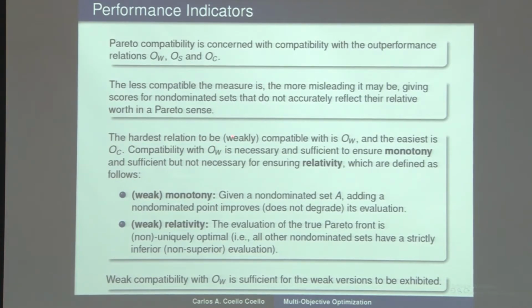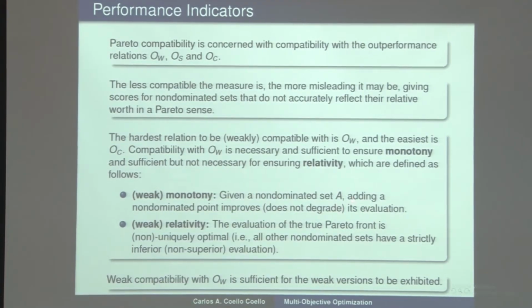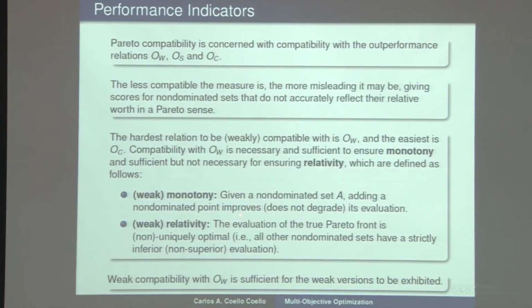So the hardest relation to be weakly compatible is OW, and the easiest is OC. So compatibility with OW is necessary and sufficient to ensure monotony, and sufficient but not necessary for ensuring weak relativity. So monotony is: given a non-dominated set A, adding a non-dominated point improves its evaluation.